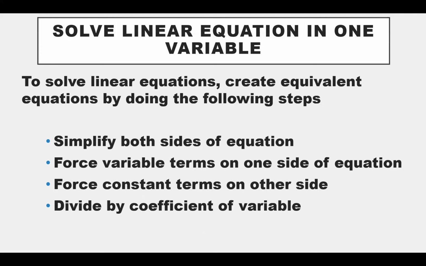So the steps to solving a linear equation: first, we simplify both sides. Second, we force the variable terms on one side. Third, we force the constant terms on the other side. And then last, we divide by the coefficient of the variable.